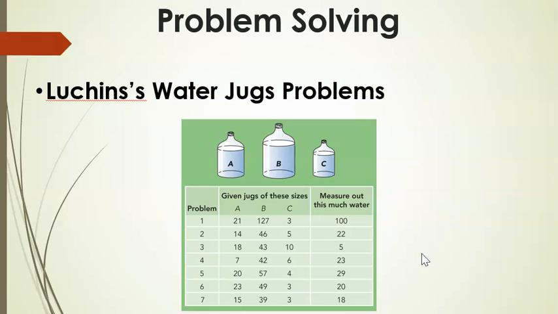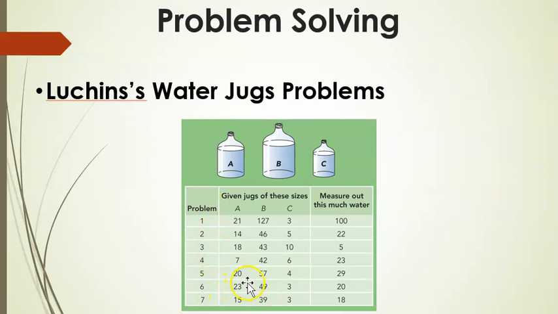For instance, in problem 1, if you take B and fill it up, you've got 127, and then you pour some into A, you'll be down to 106, and then fill up C twice, boom, now you've got 100 left in B. So you've measured out 100 liters. Now you can do the same kind of thing with all of the other examples here.